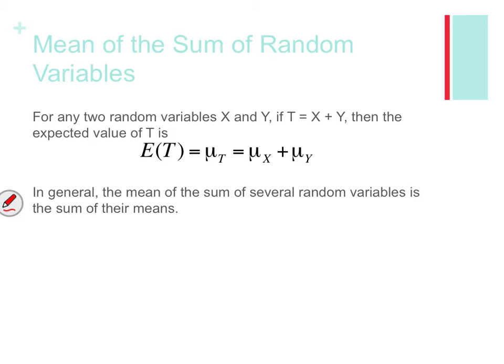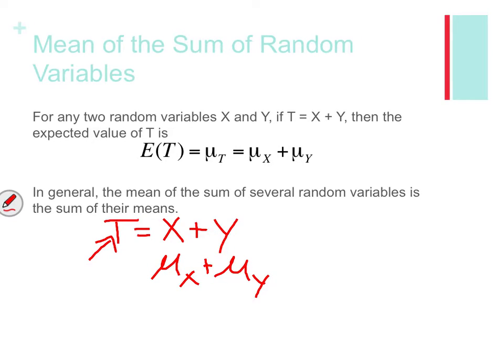Okay, so when we combine the means of two random variables, all we have to do is add them. So their combined passengers would be the mean of X, or the expected value of his passengers, plus the expected value of her passengers.